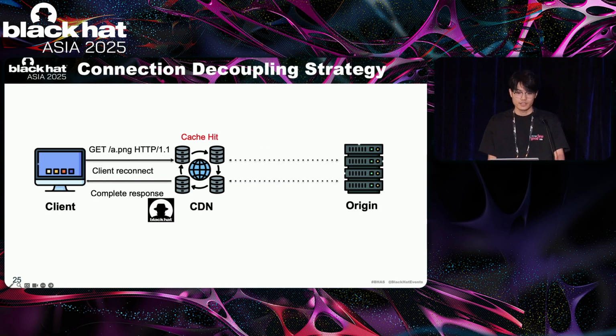In such cases, when the client reconnects and sends the same request, it hits the CDN cache directly, which then responds with the resource without forwarding to the origin again. So this strategy saves bandwidth at the origin and improves the user experience on the client side.